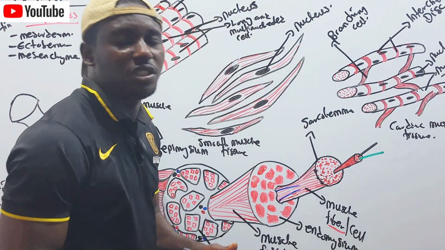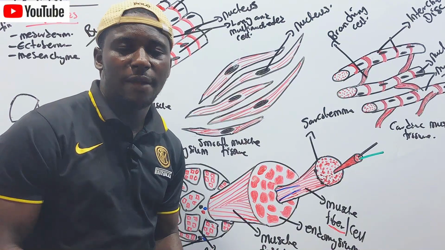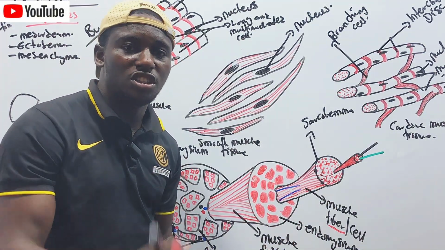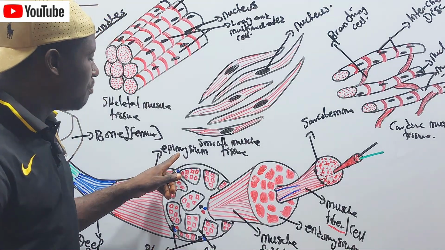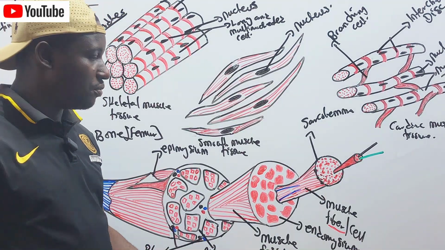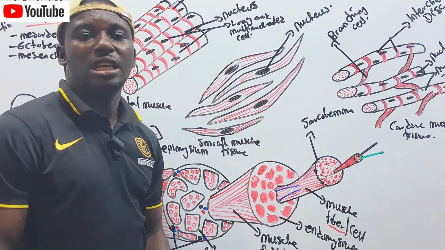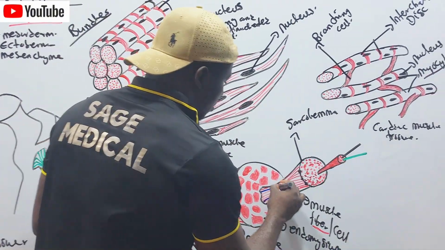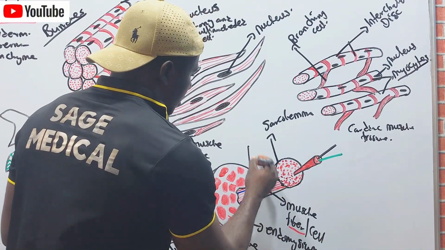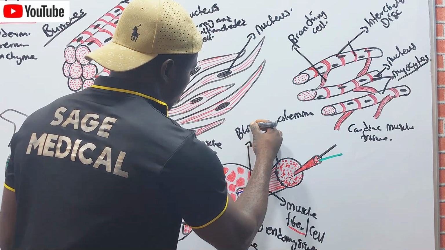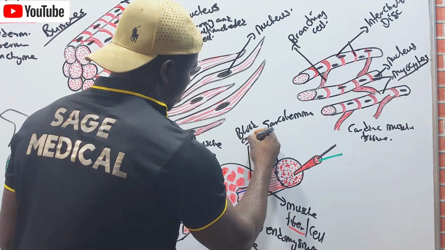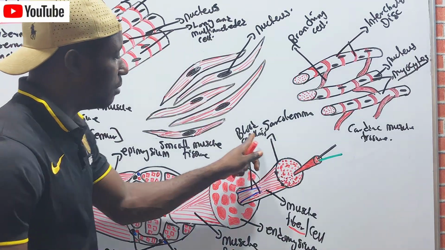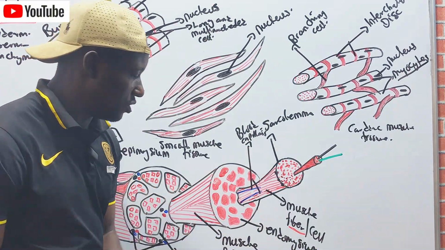The endomysium is a thin sheet of areolar connective tissue that surrounds the muscle fiber. It becomes continuous with the epimysium and the perimysium. It also contains the blood capillaries. This is the blood capillaries. You get.